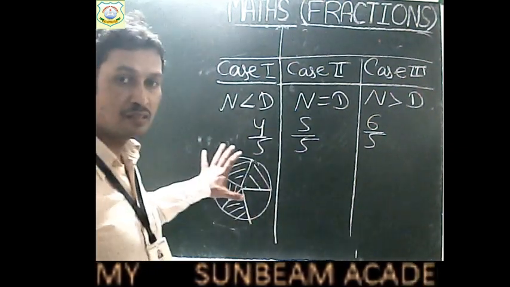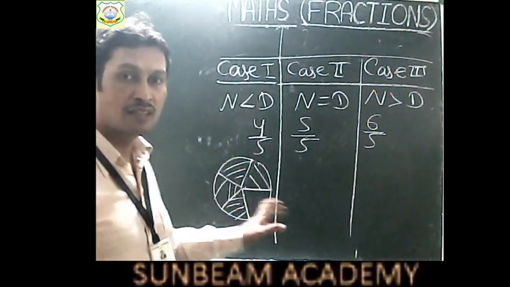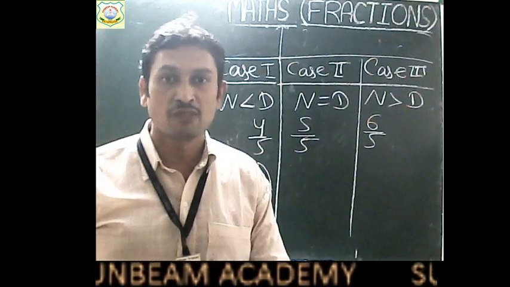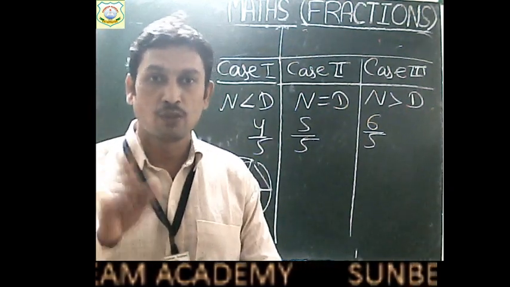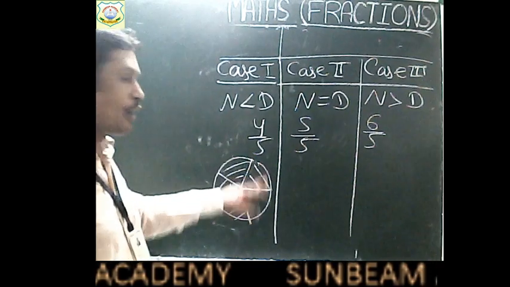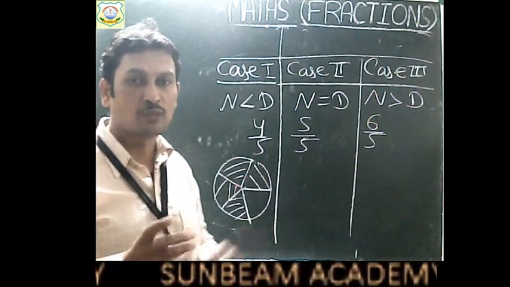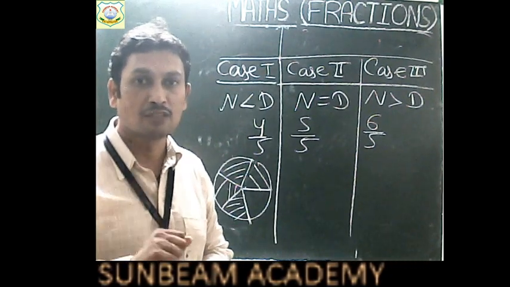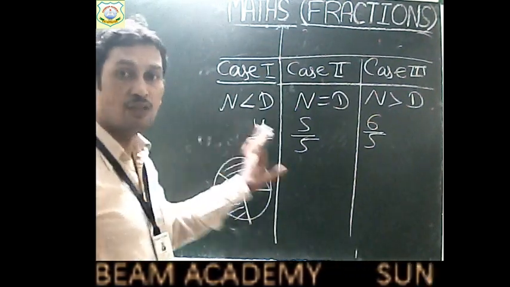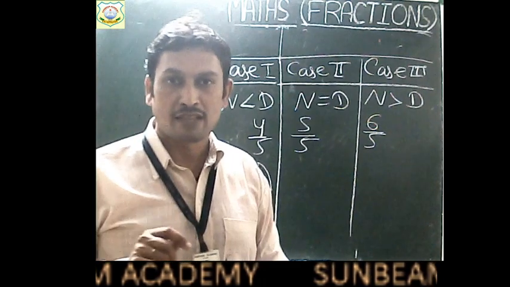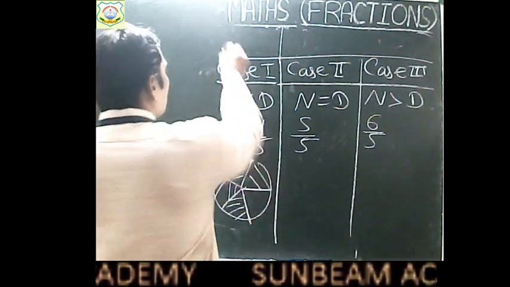So such fractions in which the value of fraction is less than whole. Whole means children 1. Whole means 1. 1 represents whole. So 5 out of 5 represent the whole. But we have chosen only 4 parts. So we have chosen less than whole. That means less than 1 part. So such fractions are known as children proper fractions, right? So this is proper fraction.